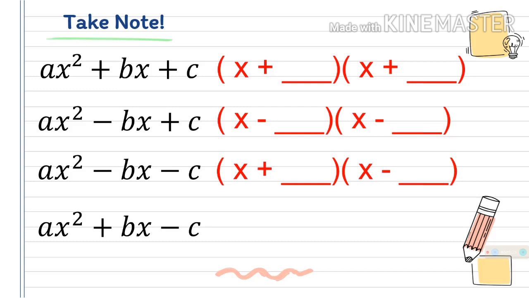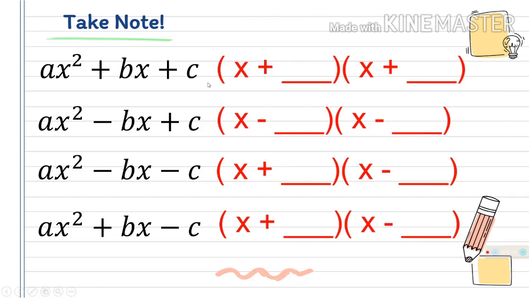And then, if you are given ax squared plus bx minus c, where the middle term and the last term have different signs, or the middle term is positive and the last term is negative, still, your factors will be one positive and one negative. But this time, your number with greater absolute value will be written on the positive binomial.